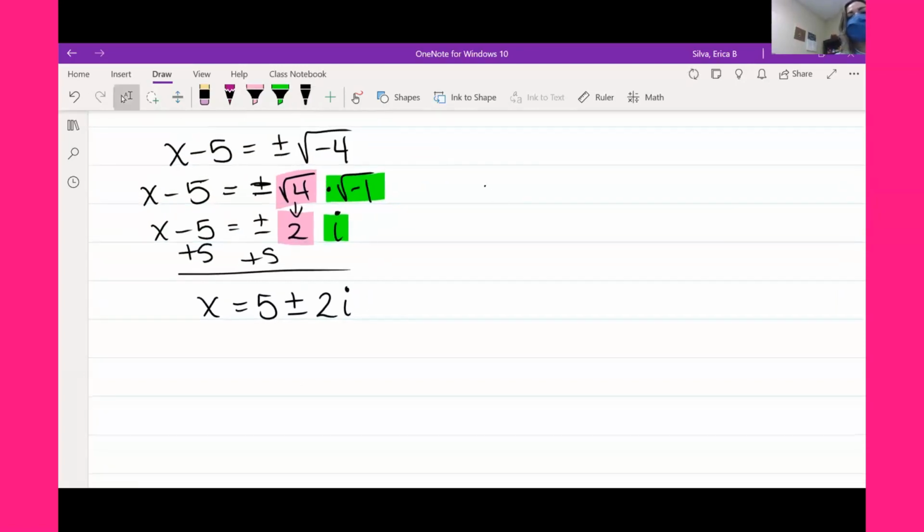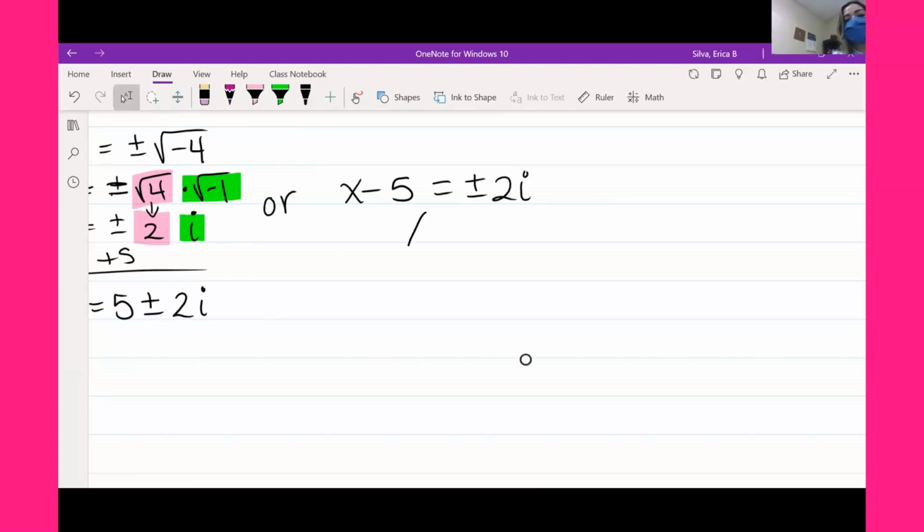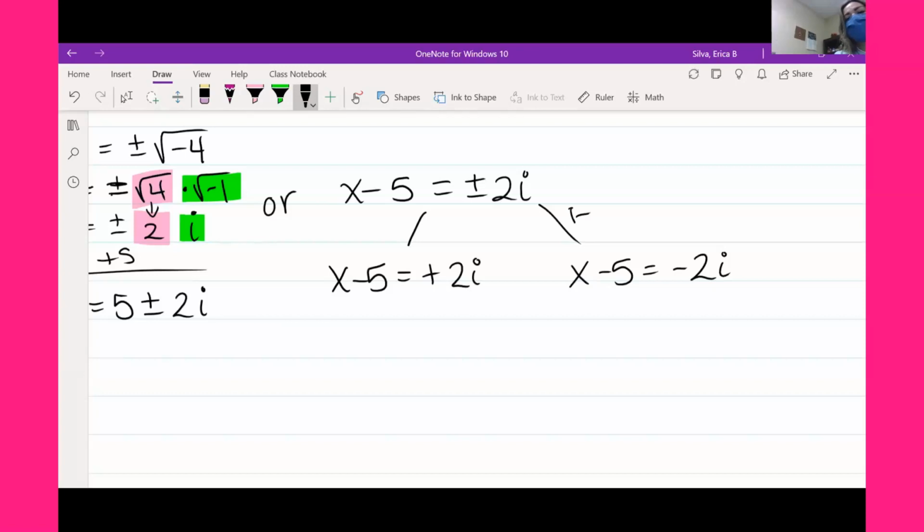Or we can say x minus 5 equals plus or minus 2i, which is x minus 5 equals positive 2i, and then x minus 5 equals negative 2i. We add 5. x is equal to 5 plus 2i. Remember, we can combine our real numbers with our imaginary numbers.